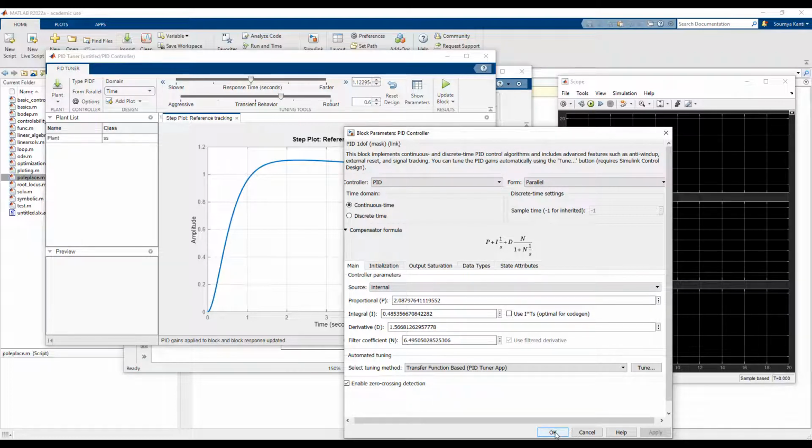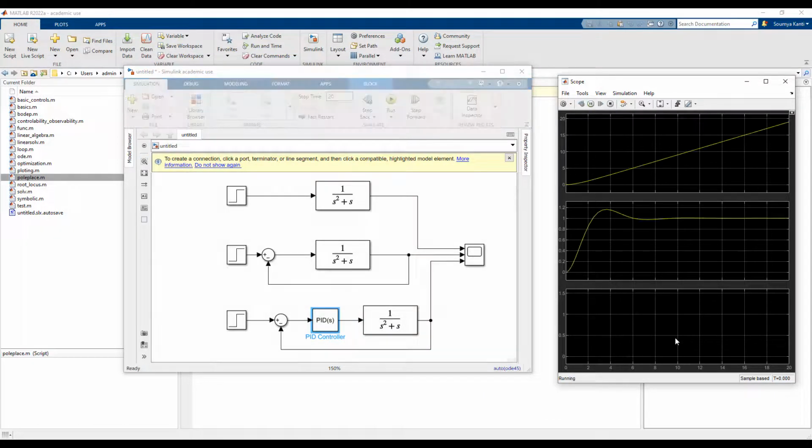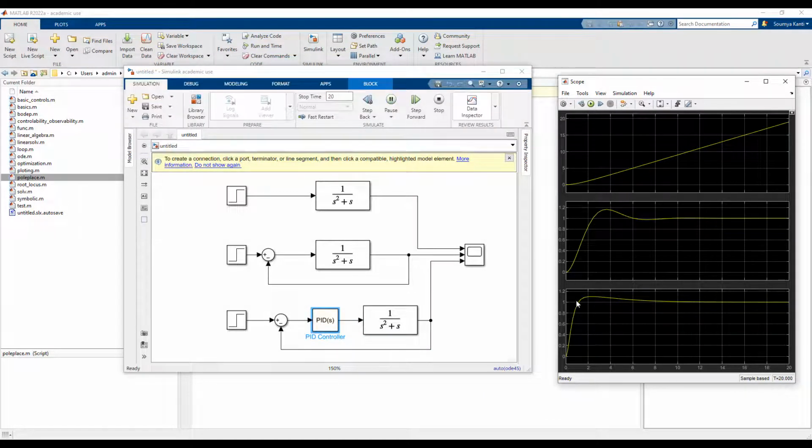You can see that. If I press OK, now if I run it, you will see the peak overshoot is not that high now, and it actually reaches 1 very quickly.